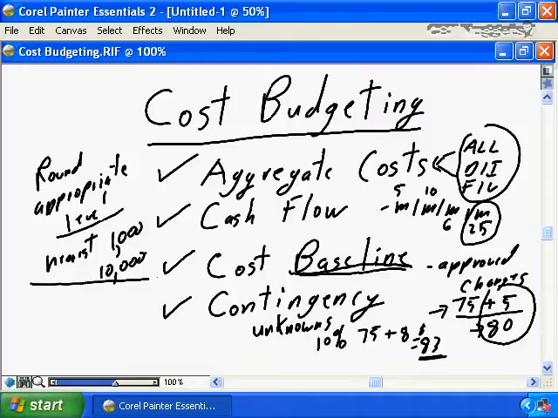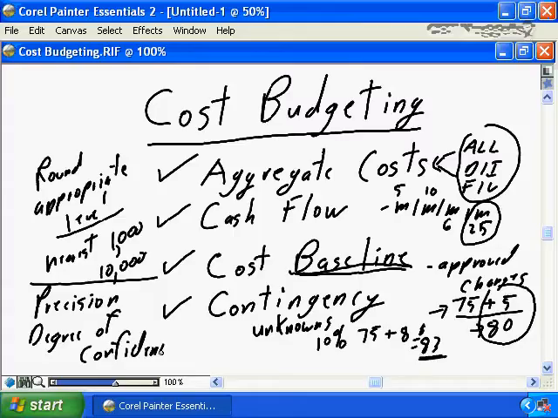A second related item is the degree of precision. Or another way to state it is your degree of confidence. Do I believe my budget is plus or minus 10%, i.e. this is a very detailed, focused budget?